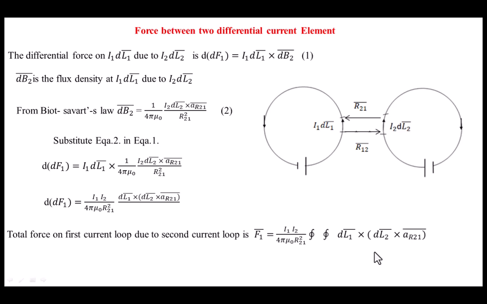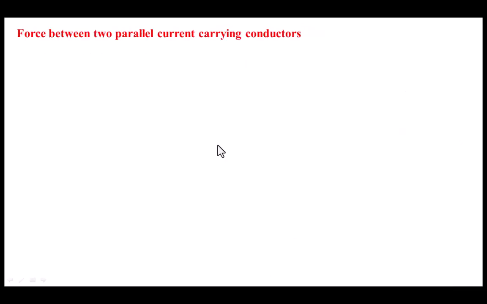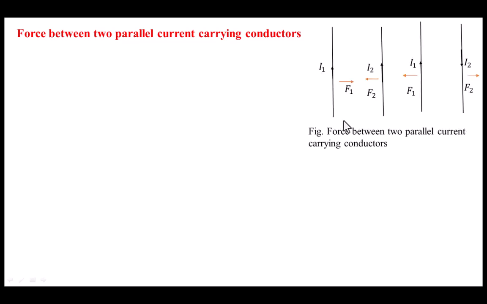Similarly, you can find the force on the second element due to the first element. F2 bar equals I1 I2 by 4 pi mu naught R12 squared, double integral dl2 bar cross dl1 bar cross a12 bar.